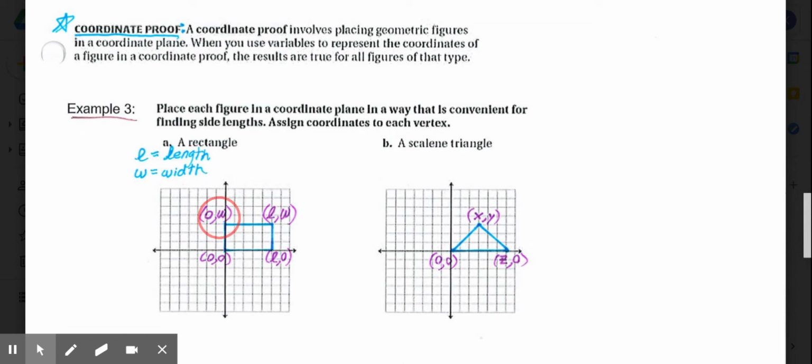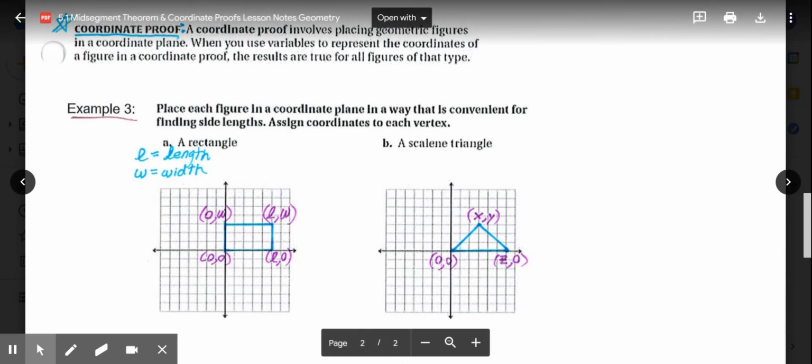Our height is just the change in the width of the rectangle. So if this is 0, W, going this way, the length would be the letter L. So this point would be L, 0, because I went over L and didn't go up or down at all. Then the fourth vertex, I went the length of L over and W up. So that point would be L, W.